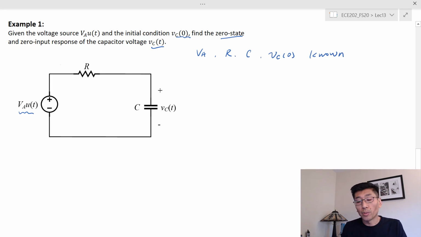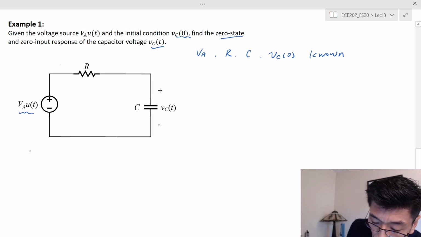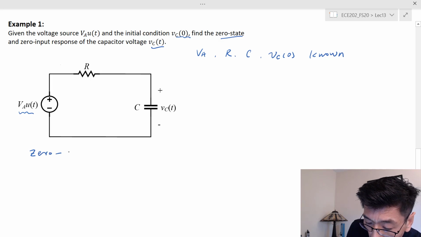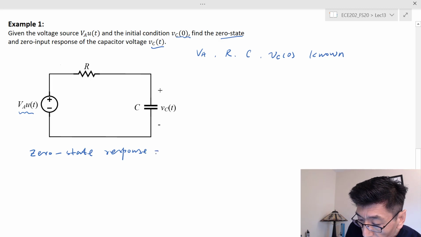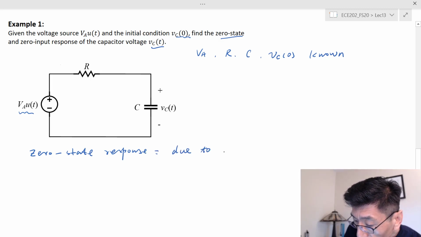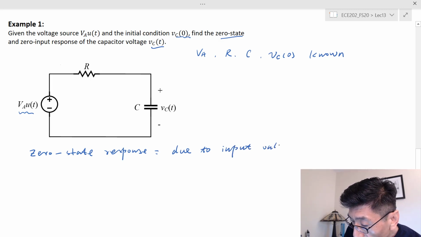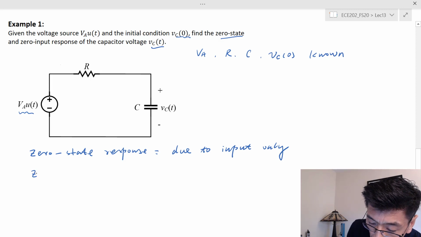zero input response. Remember what the zero state response? Zero state means the zero initial condition, right? So zero state response means the response due to the input voltage only, and the zero input response.